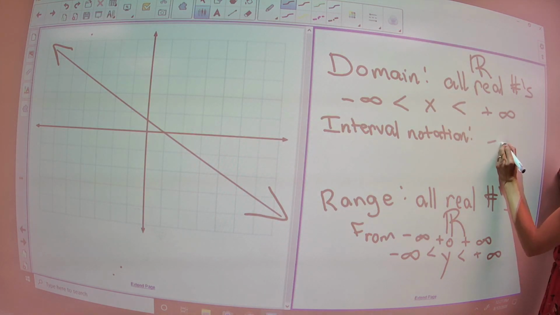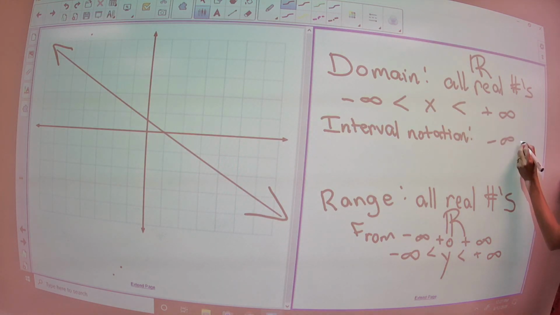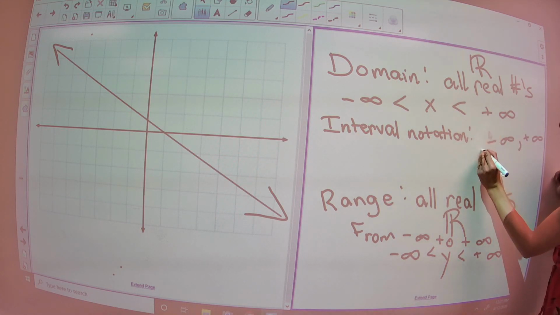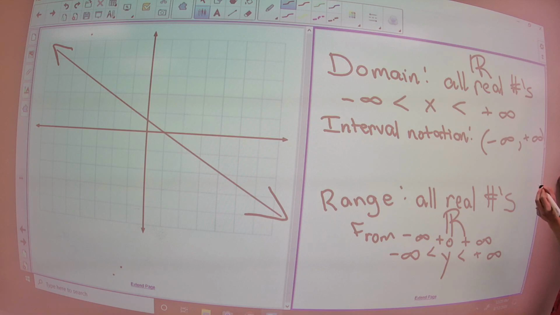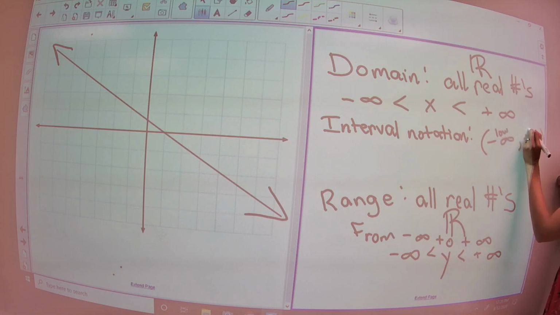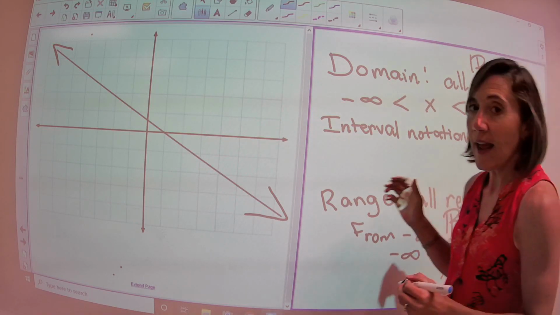You're going to put the low end of the domain, and then a comma, and then the high end of the domain. And we are going to put this one in parentheses. So this is the low end, and this is the high end for our domain.